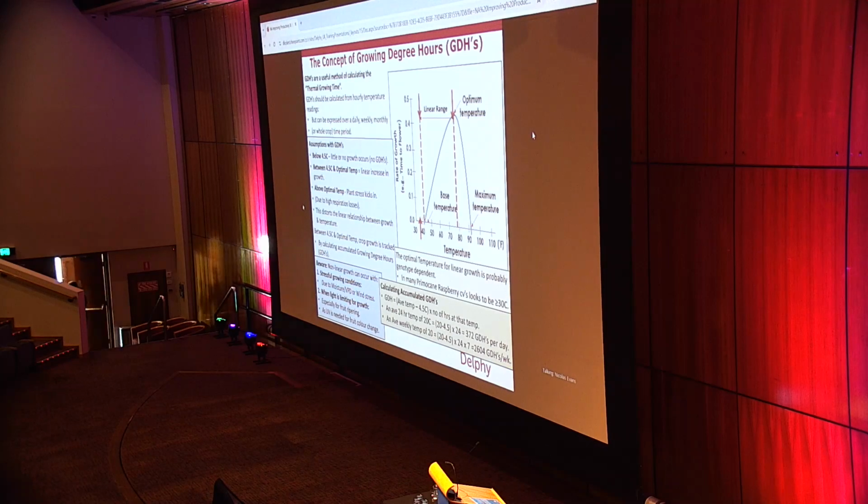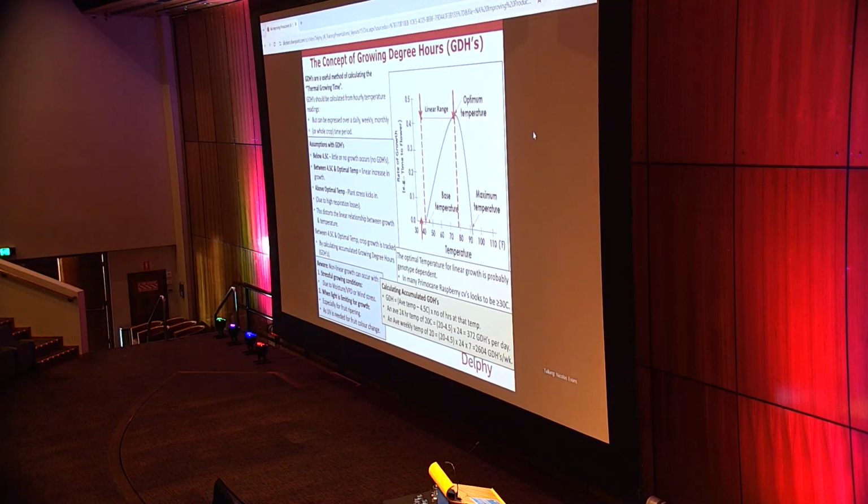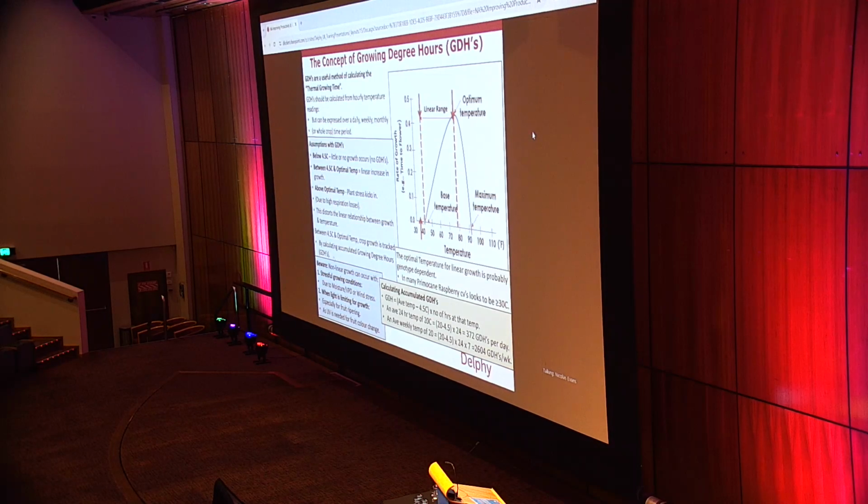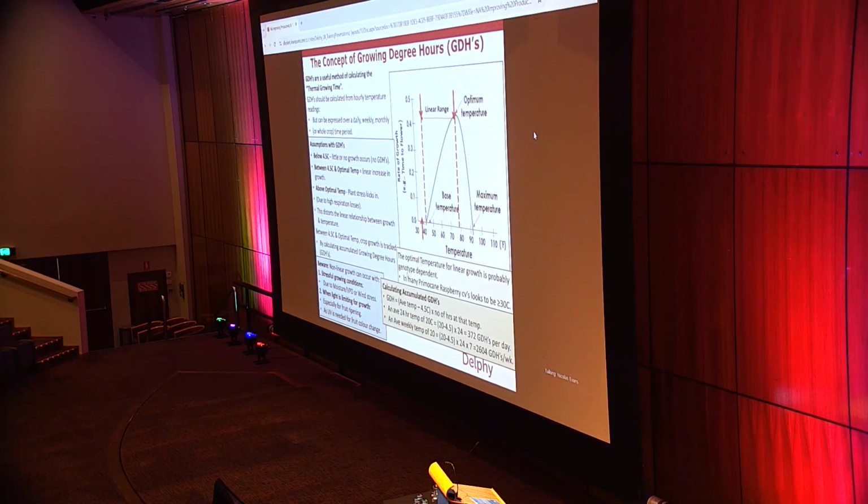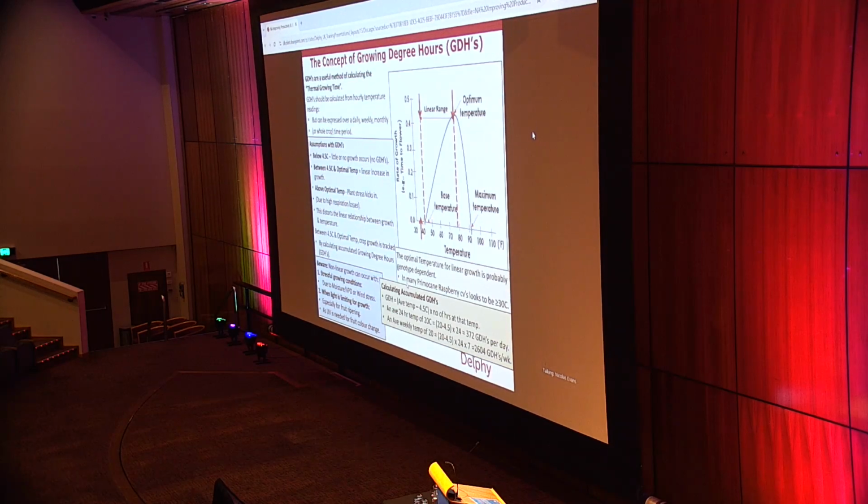So between 4.5 and the optimal temperature, growth is tracked by calculating accumulated growing degree hours. The optimal temperature for linear growth is probably genotype dependent. And for example, in many primocane varieties, it looks to be around about 30 degrees C, assuming that there aren't other limiting climate conditions.